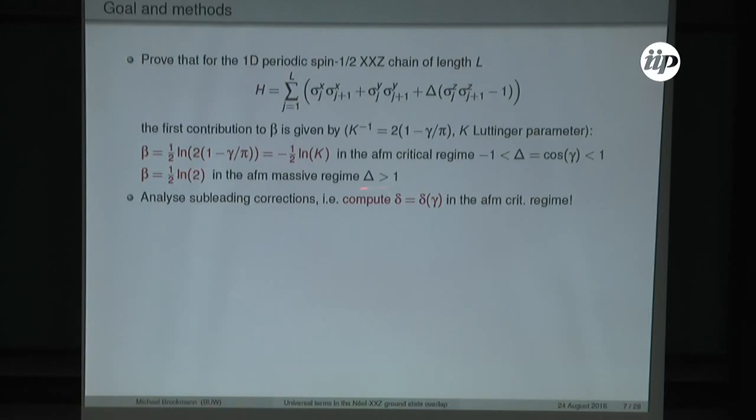And also we would like to compute alpha as a function of the anisotropy.